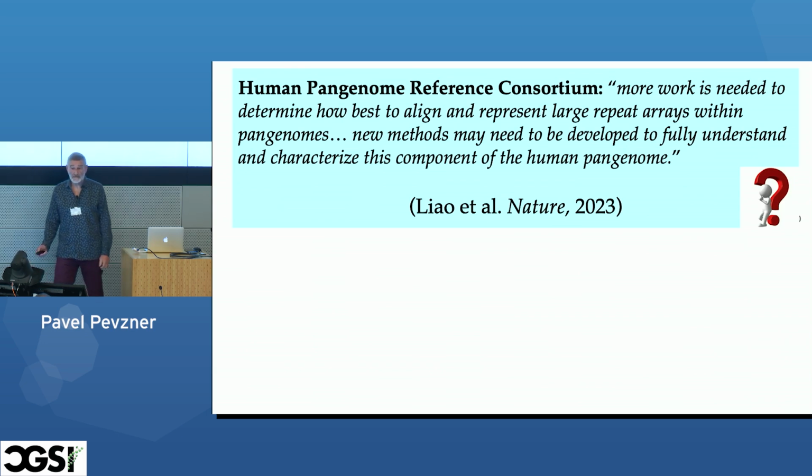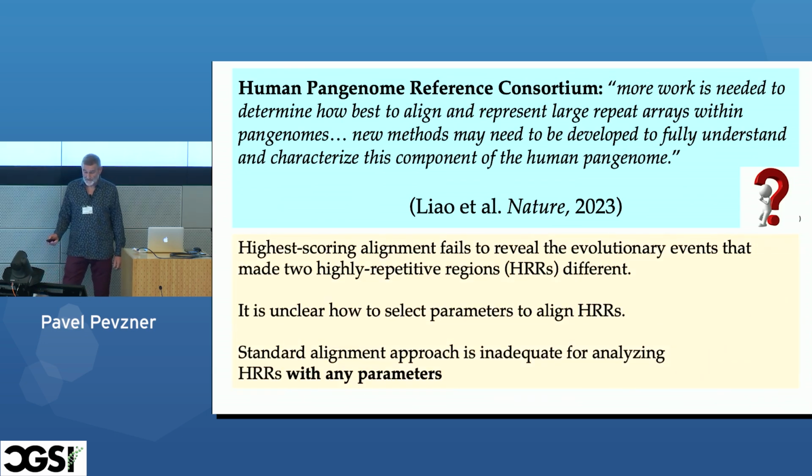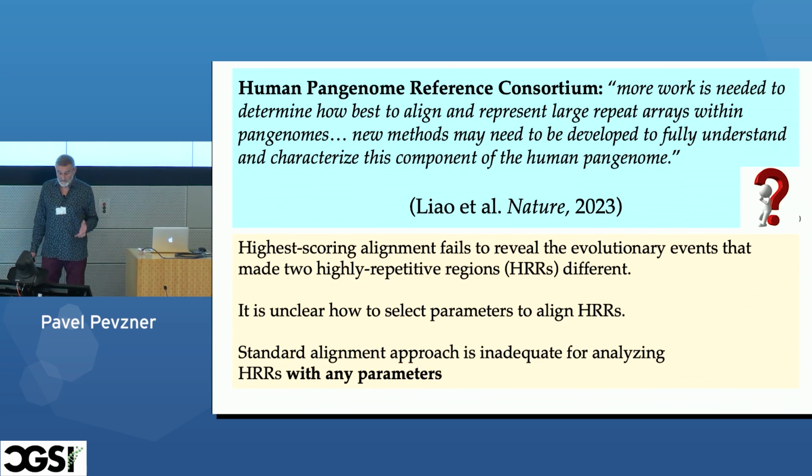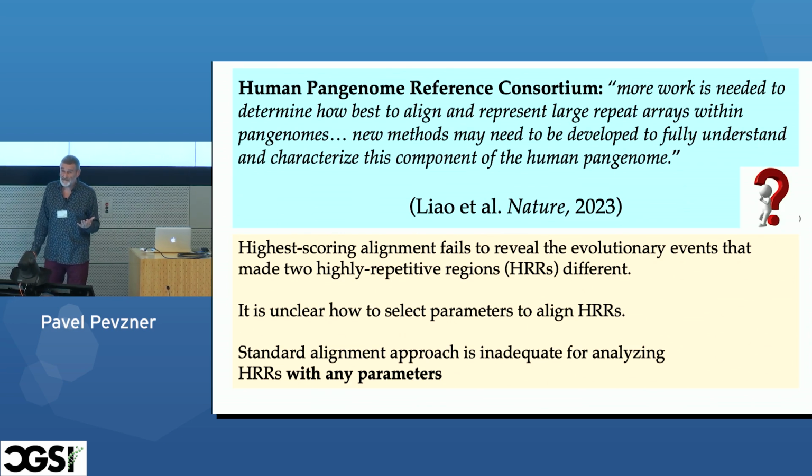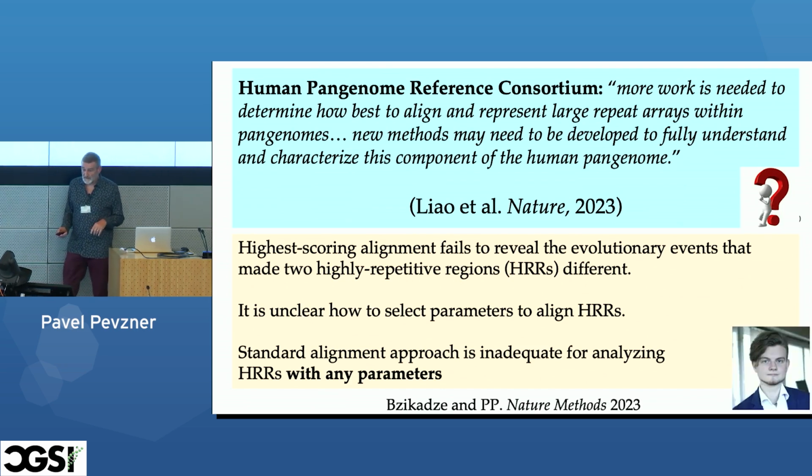New methods may need to be developed. Now, high-scoring alignment fails to adequately align these regions." This is clear. It is unclear how to select parameters of alignment. And it is clear that standard alignment with whatever parameters is inadequate for analyzing these regions.